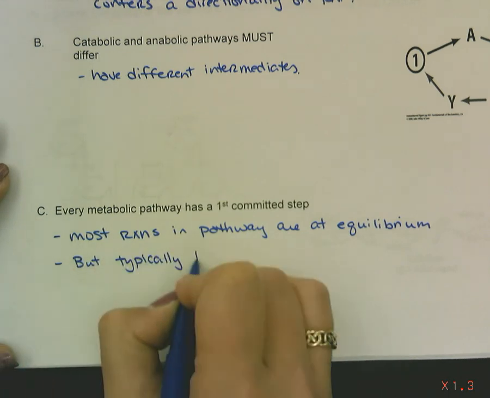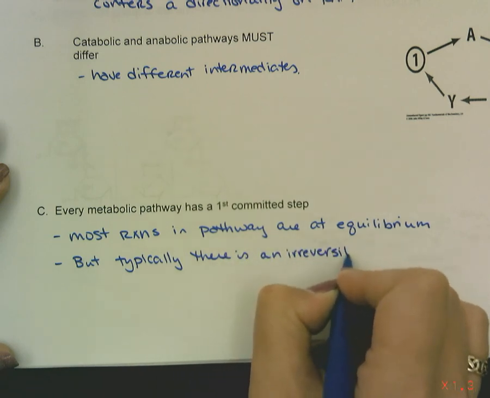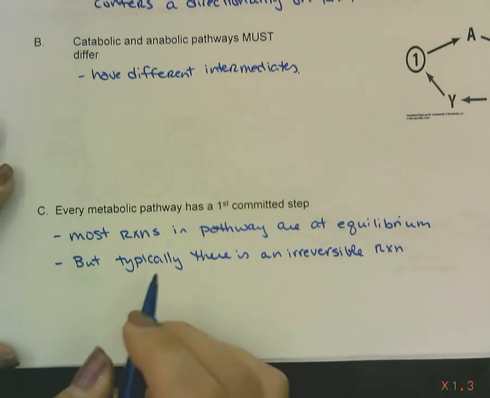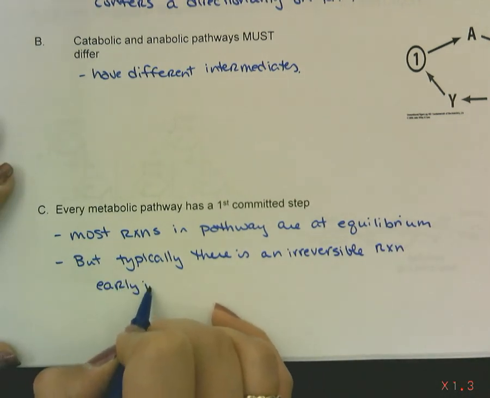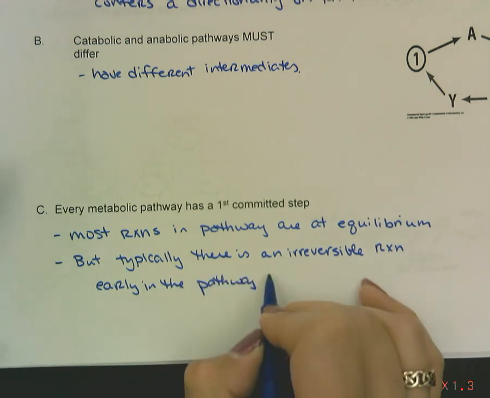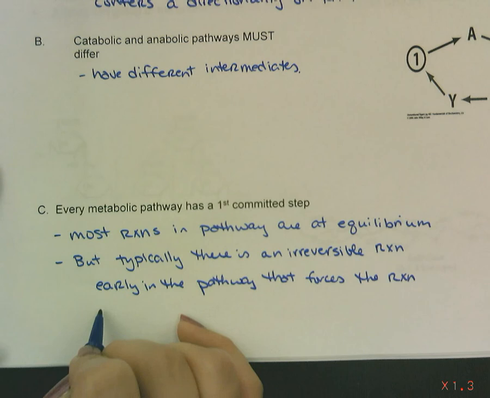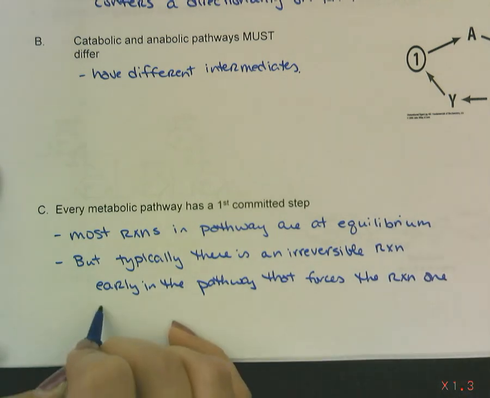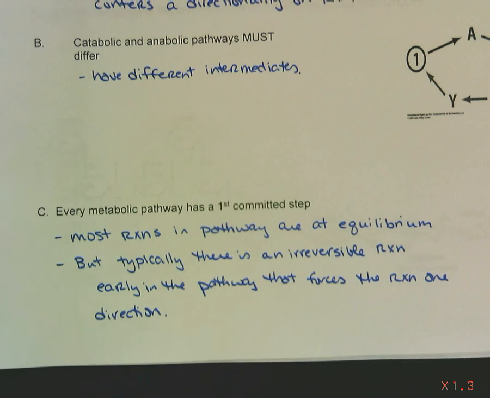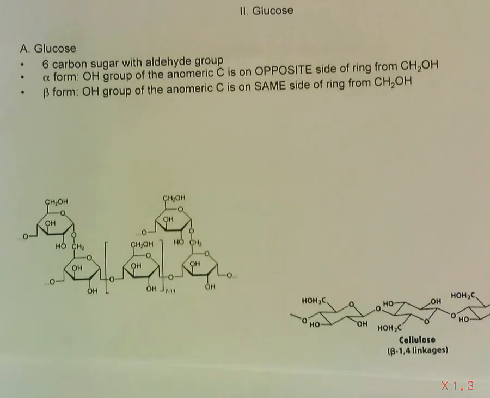But typically, there is an irreversible reaction early in the pathway that forces the reaction in one direction. So we will actually start with glycolysis, talking about glucose on Wednesday.